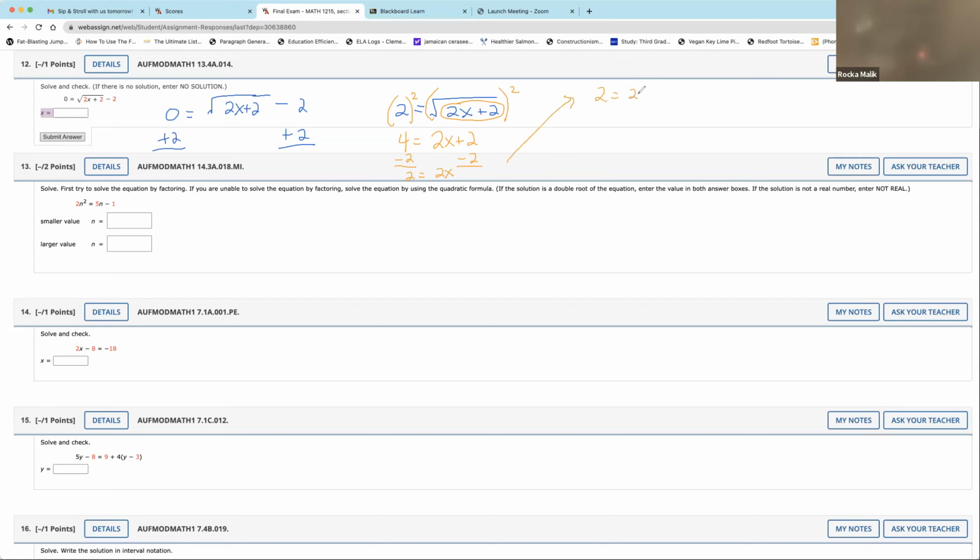You can also put 2x equals 2. All I do is switch sides. Divide by 2 because I want to get x by itself. X equals, all this trouble for x equals 1. X equals 1.